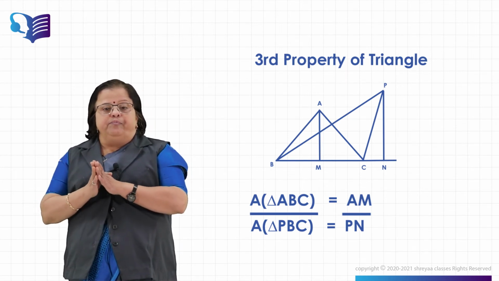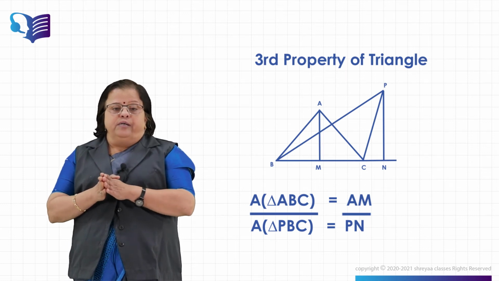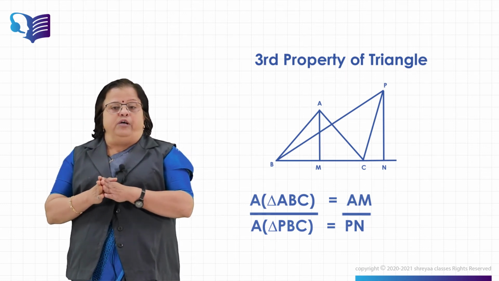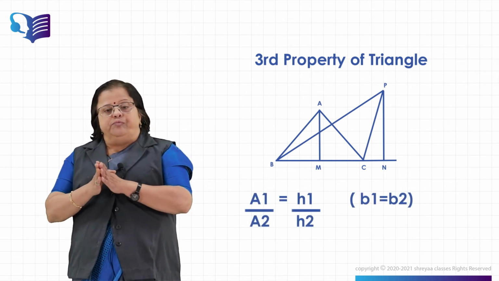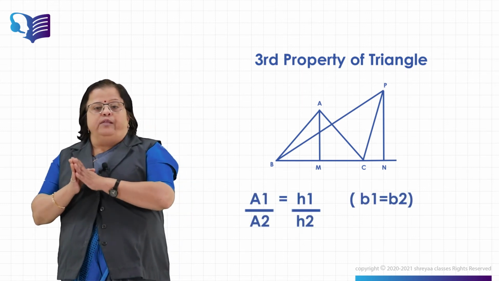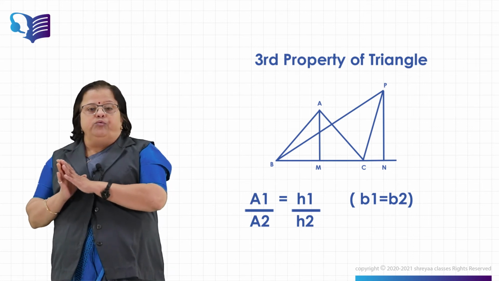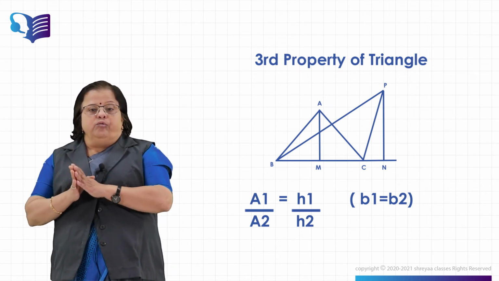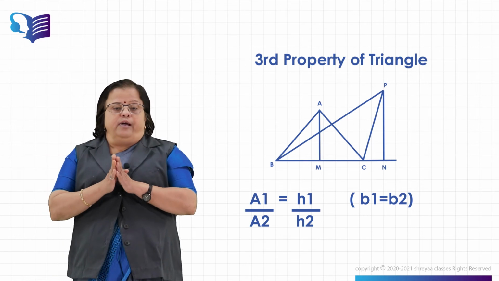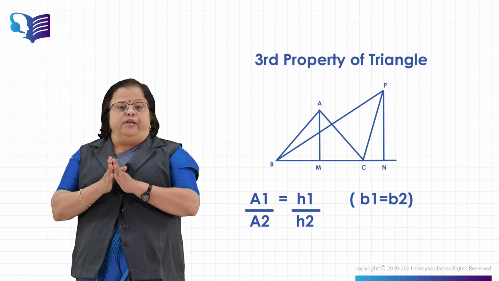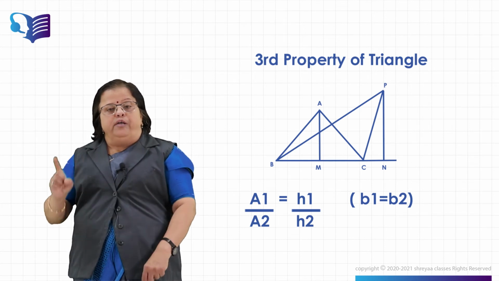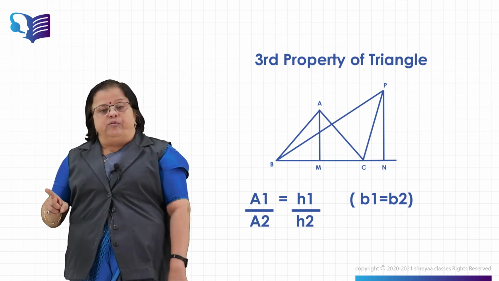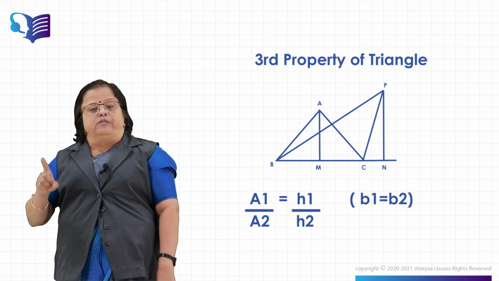So what are AM and PN? These are the heights. Therefore, we generalize the formula as A1 upon A2 is equal to H1 upon H2 when B1 is equal to B2. So, we write it as: the ratio of the areas of two triangles with common or equal base is equal to the ratio of the corresponding heights.